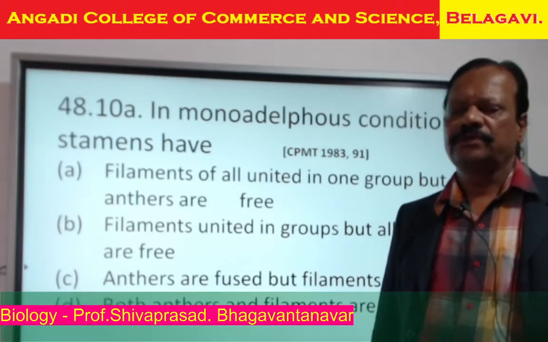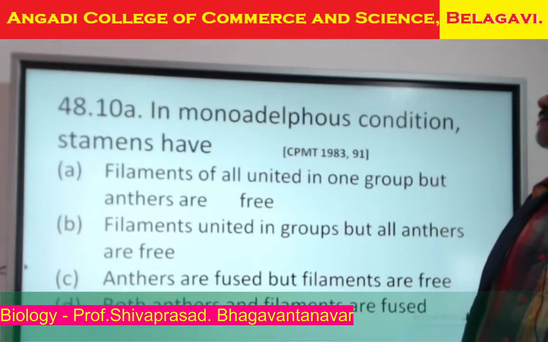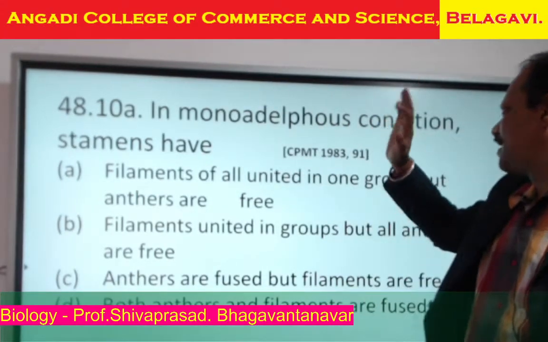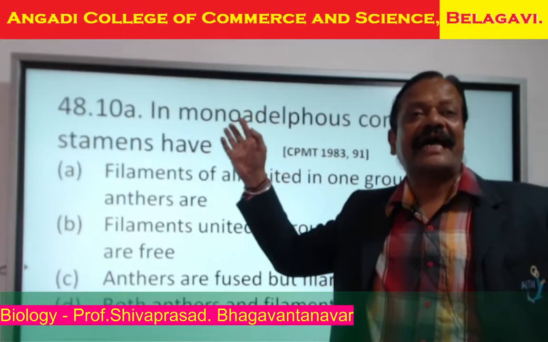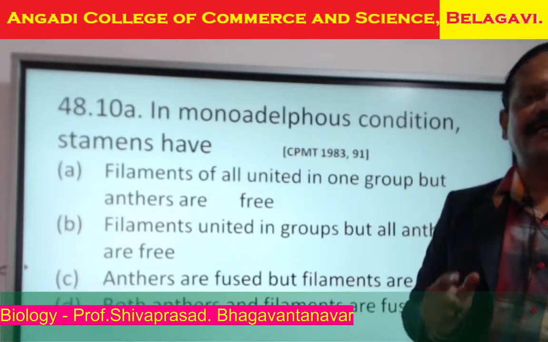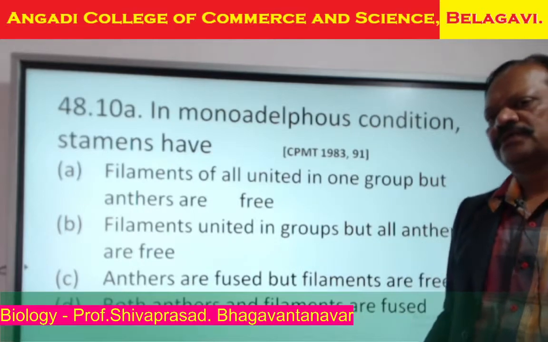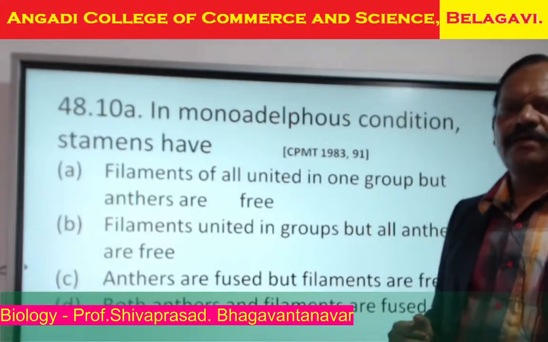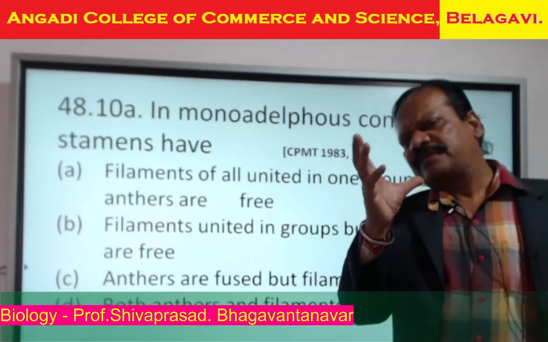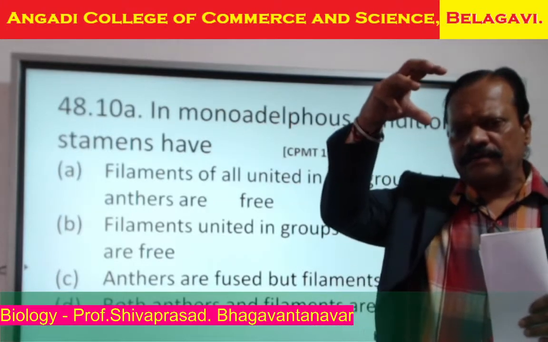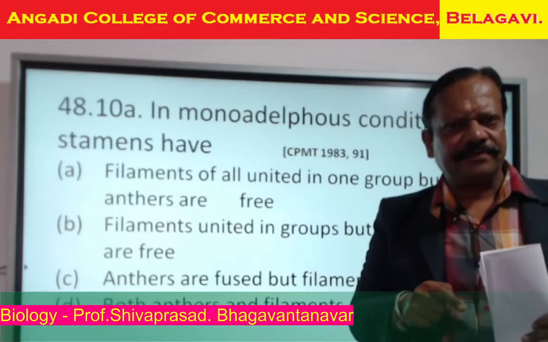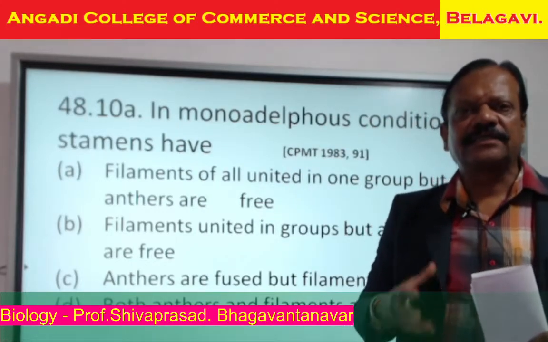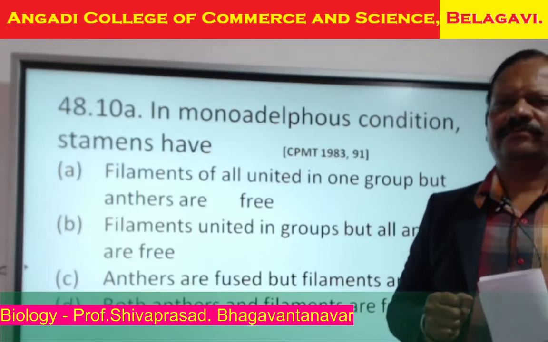Now, in monoadelphous condition, stamens have. So here in this case, what is happening? Sometimes the filaments, the anther is connected with the filament. So anther lobes are joined sometimes. Sometimes the filaments are joined.